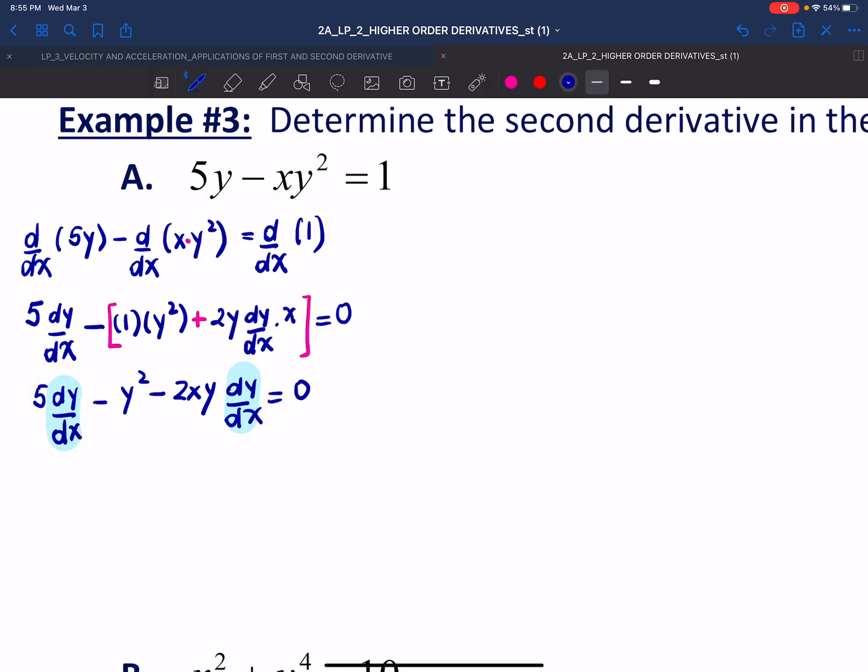So we can take 5 dy dx here minus 2xy dy dx equals y to the power of 2. Take dy dx out.